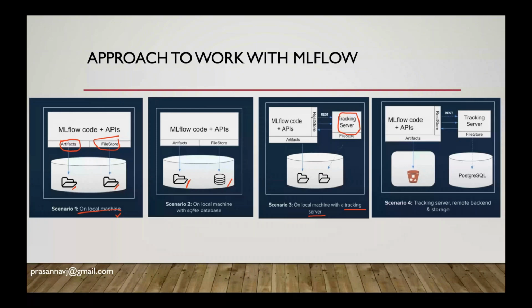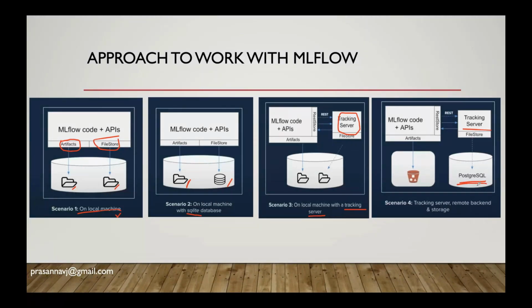And the fourth option is that your tracking server can have a dedicated database for saving the details. As I told you previously, SQLite is not the one. A tracking server can be configured using, say, PostgreSQL, and that can be used for tracking your parameters, metrics, and different stages of your data logs and so on.